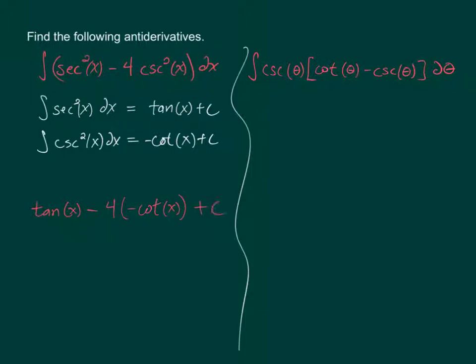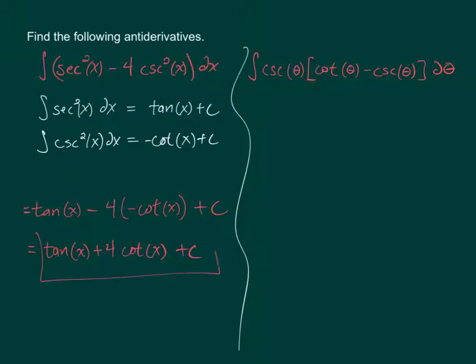And don't forget to add the all-important plus c. Now the negative 4 times the negative cotangent just need to be multiplied, so you can see the final answer is the tangent of x plus 4 cotangent x plus c.